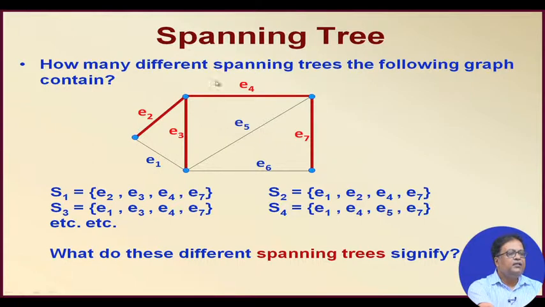How many different spanning trees can the following graph contain? Look at this graph and try to write down all the possible spanning trees that you can think of. One spanning tree is shown, that is E2, E3, E4, E7. Let us draw it and see how many different spanning trees one can find.